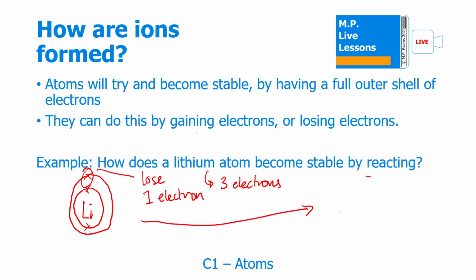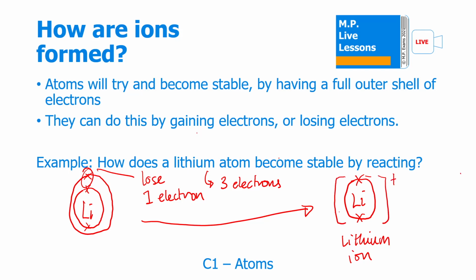So this becomes a lithium ion. Now, since we've lost an electron, there aren't enough electrons, so there's not enough negative charge. So that means when we lose electrons, the ion becomes positive.